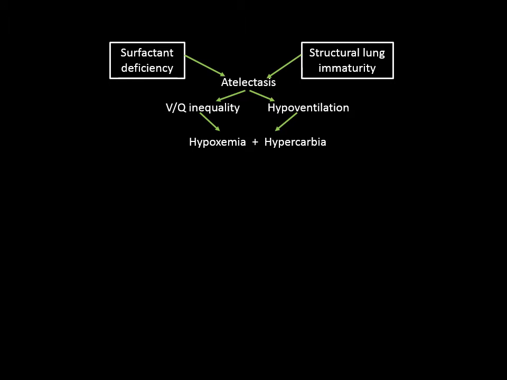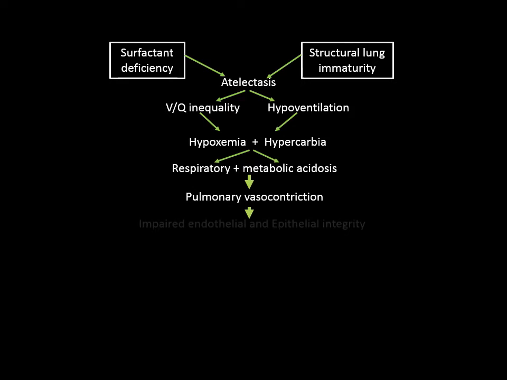The combination of hypercapnia and hypoxia results in mixed acidosis, producing pulmonary arterial vasoconstriction with increased right-to-left shunting, with impaired endothelial and epithelial integrity within the lung itself.